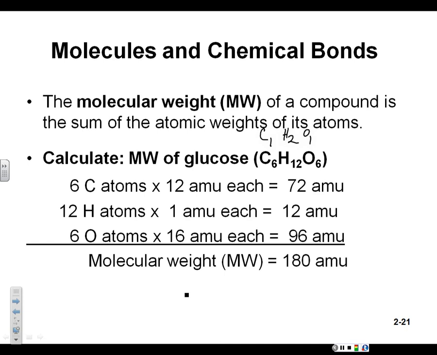If I add that all up, for every one of these, it weighs what? Alright? What if I had 2 of these? How much would it weigh? Alright. Makes sense, yes or no?